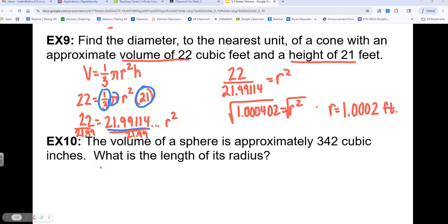Here. So our formula for a sphere is 4/3 pi r cubed. And so this is our volume. So, oh, I just realized I answered number 9 wrong.